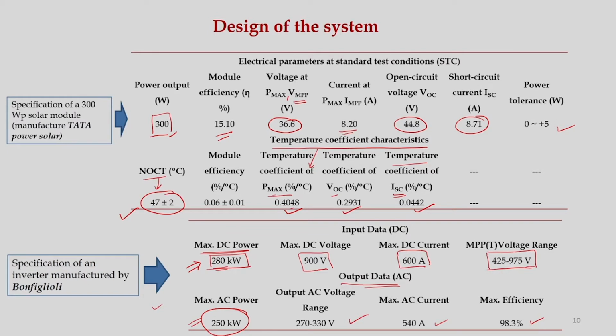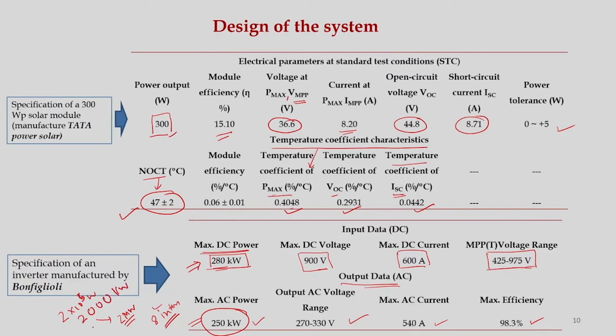For example, if we design for a capacity of 2 megawatt, and a single inverter will give 250 kilowatt, then how many inverters will be required? It will be 8 inverters. That way we can do a lot of design calculations. 2 megawatt is 10 to the power of 6 watt, and in kilowatt it is 2111 kilowatt.